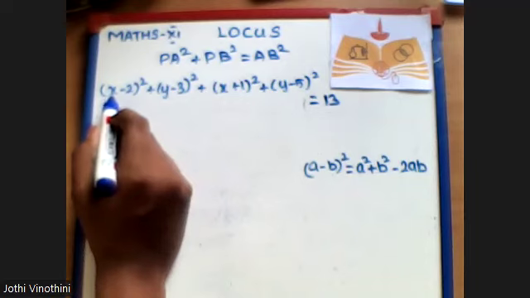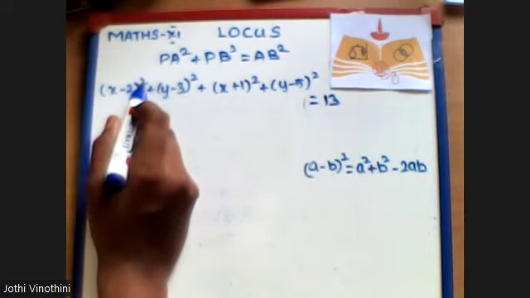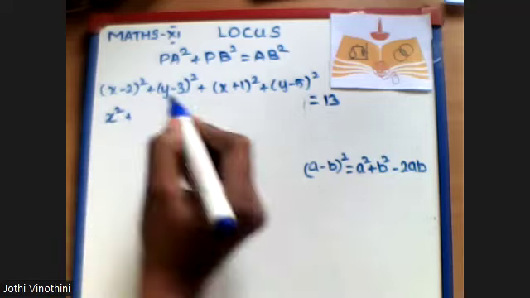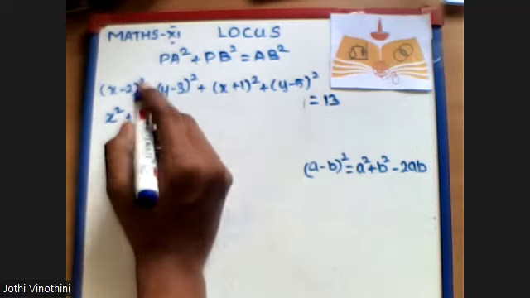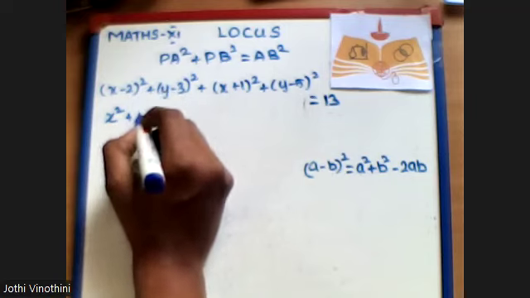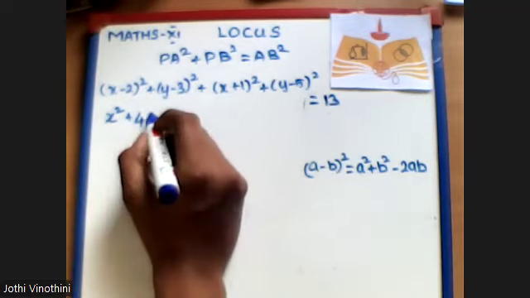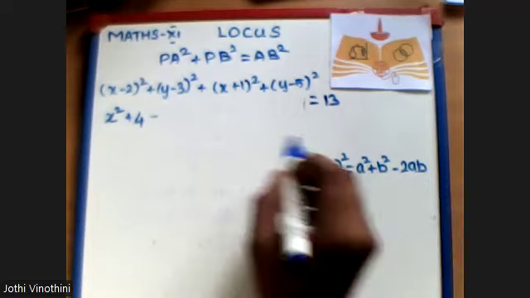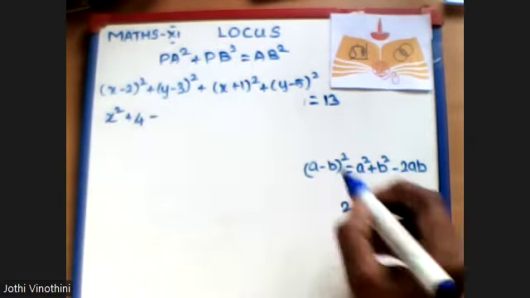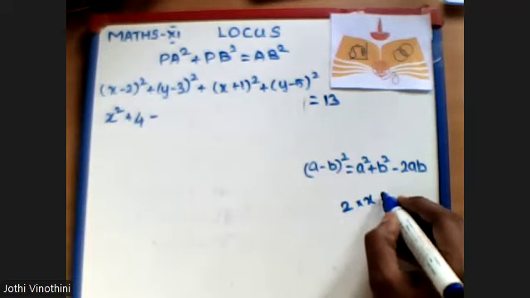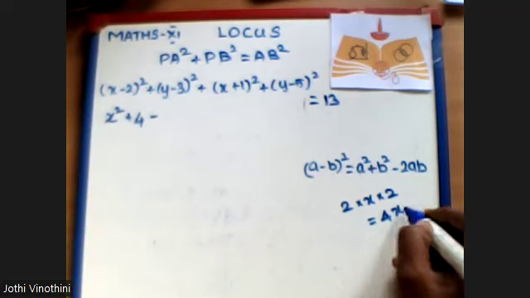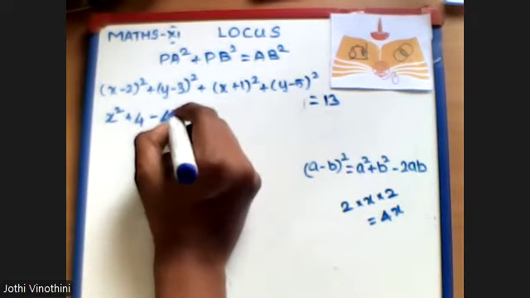Yes. So, x minus 2 the whole square will be equal to x squared plus b squared. In place of b, we have 2, so 2 squared. 2 squared is what? 4. Super. And minus 2ab. So, 2 multiplied by x and 2, which is equals 4x. Minus 4x.